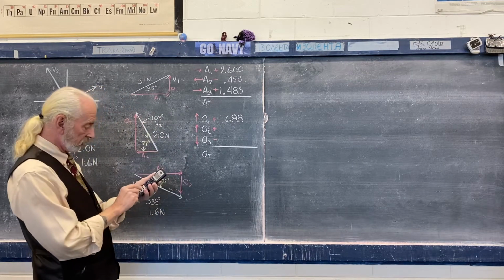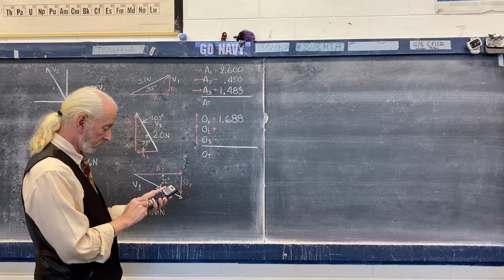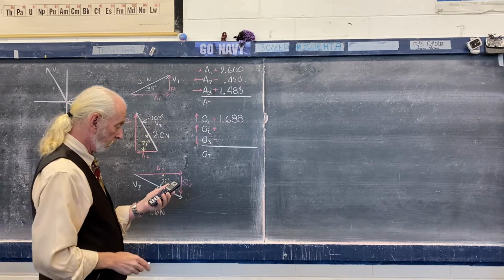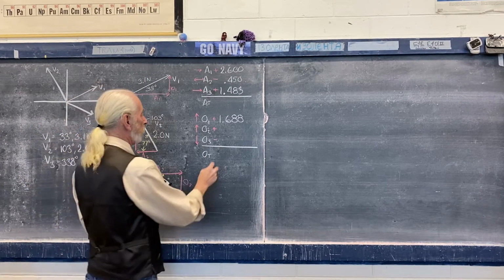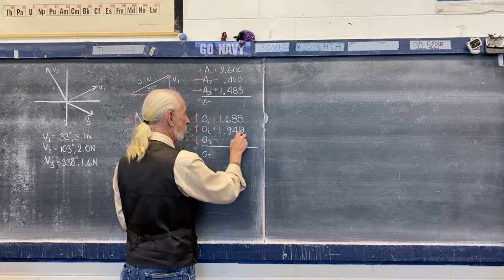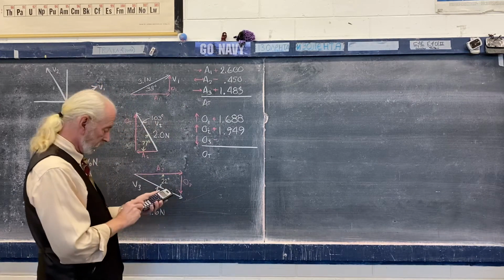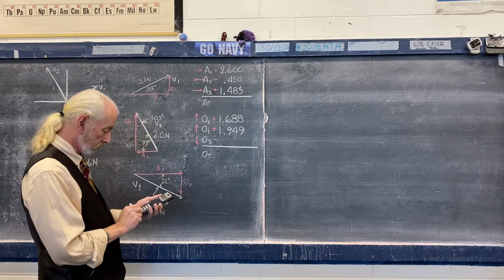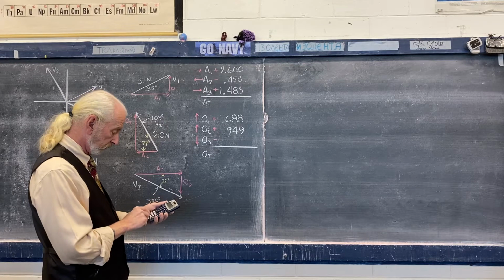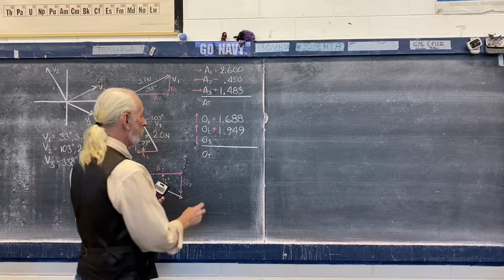Sine of 77 times my hypotenuse of 2, 1.949. Sine of 22 times my hypotenuse of 1.6, 0.599.